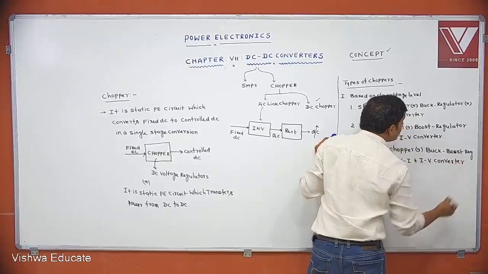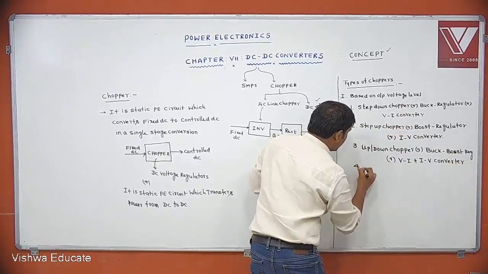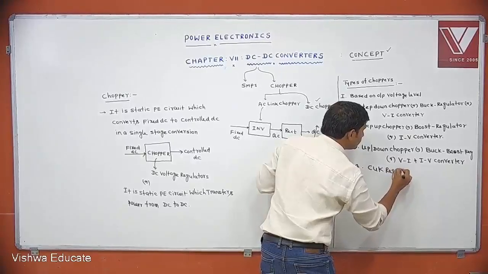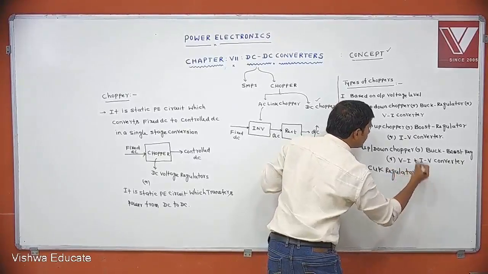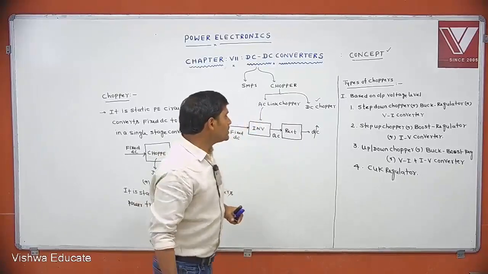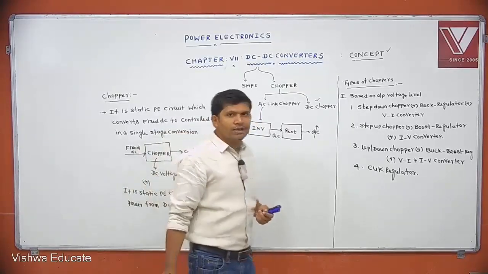The fourth one is Cuk regulator. This is one classification. These are the types of choppers based on output voltage level.